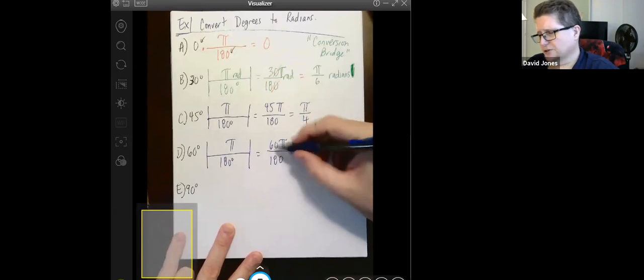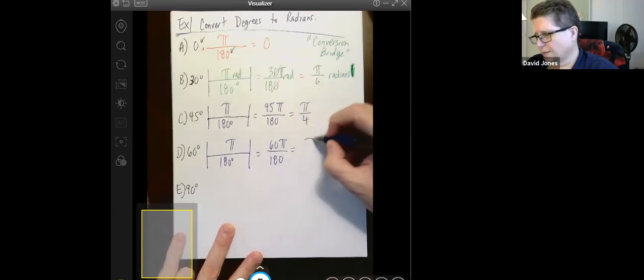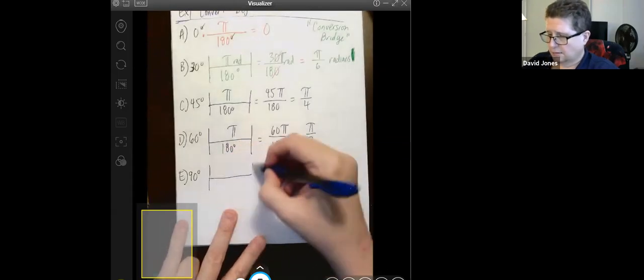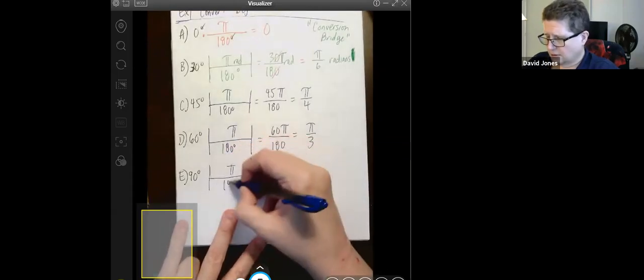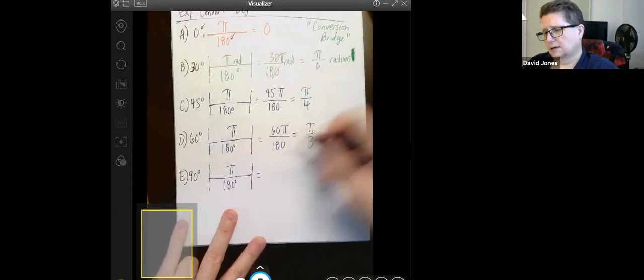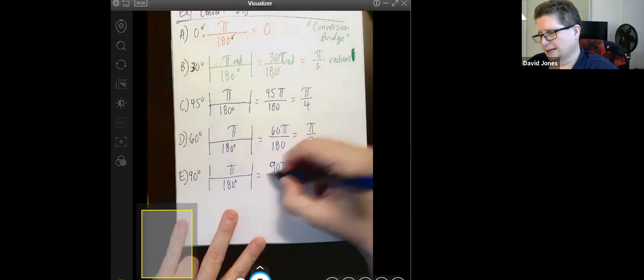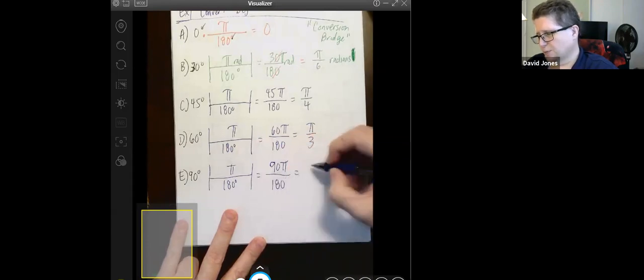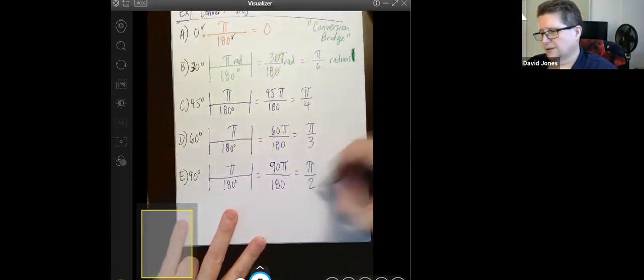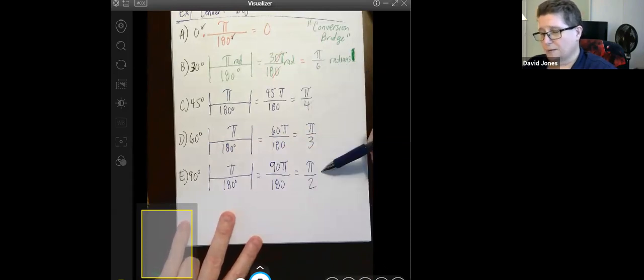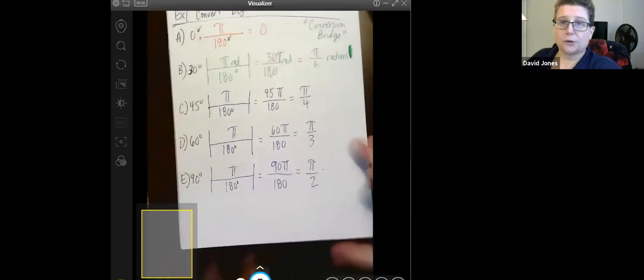The zeros cancel. 6 over 18 is 1/3. We've got pi over 3 radians. That ends up giving us 90 pi over 180, which is pi over 2. They're all nice and simple, easy numbers to remember. There's a pi and one of the first few whole numbers.